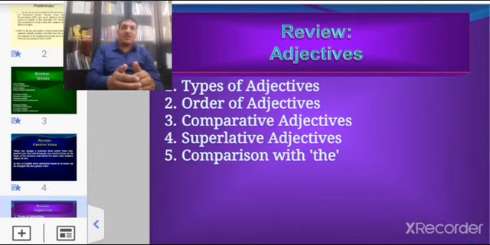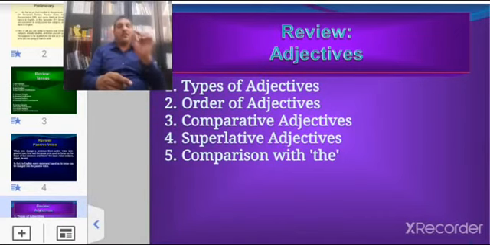How can we compare, what do we add to the word if it is of a single syllable, but if it is of two syllables or three syllables, we can use more. And if it is of a single syllable, we can add er, or even if it ends with a consonant sound preceded by a vowel sound, we can double the last letter and add er.